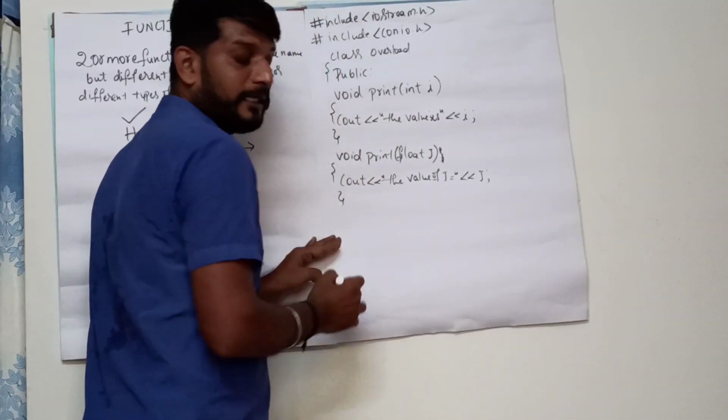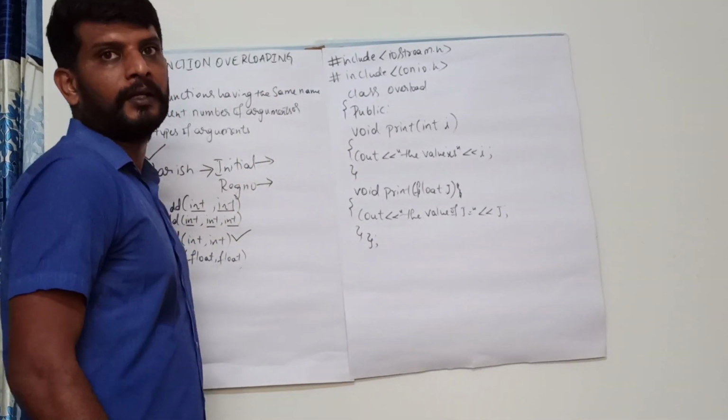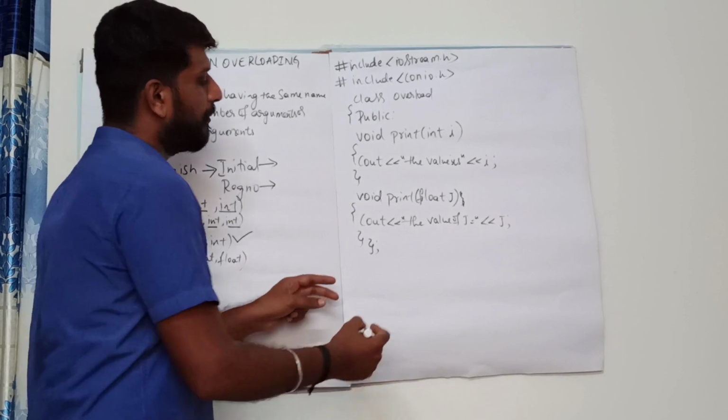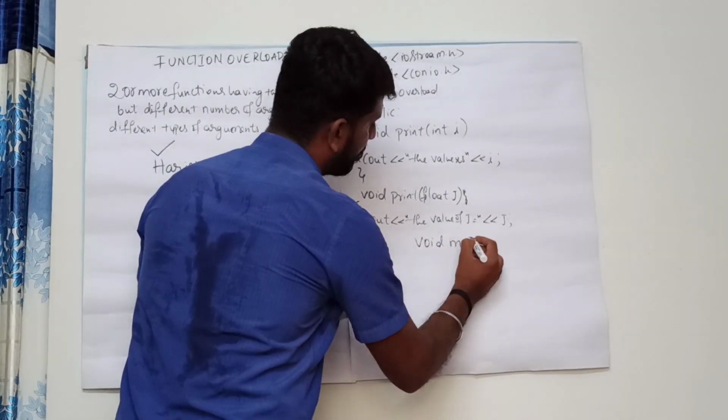Okay, I am closing this particular function and then I am closing the class. Next, I will go for the main method. So void main.